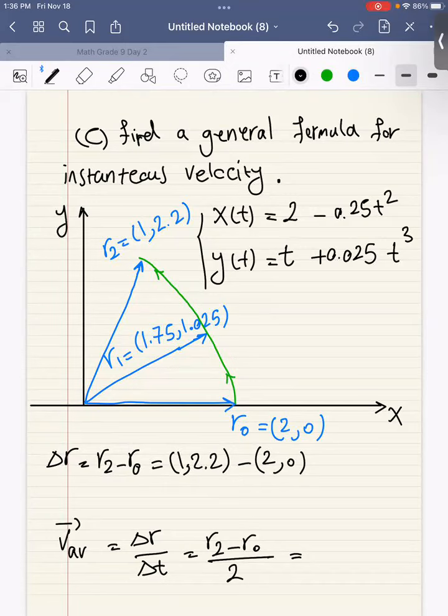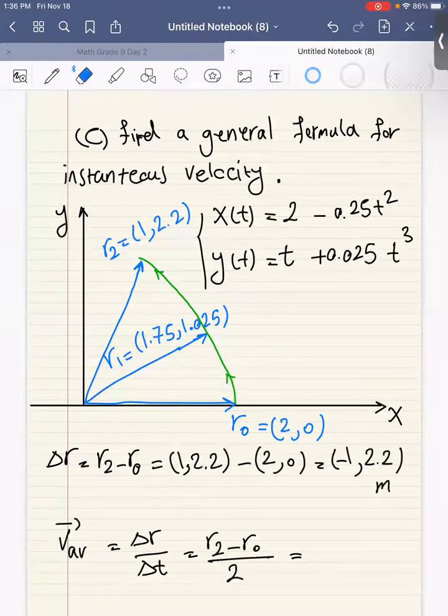So this is minus 1 and 2.2 meter. I mean, each of the components is in meter. The vector is not meter, but each component.